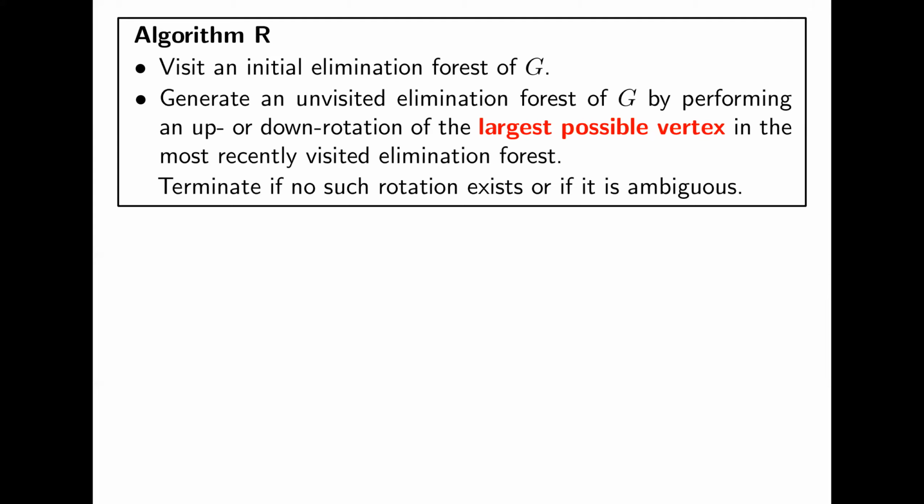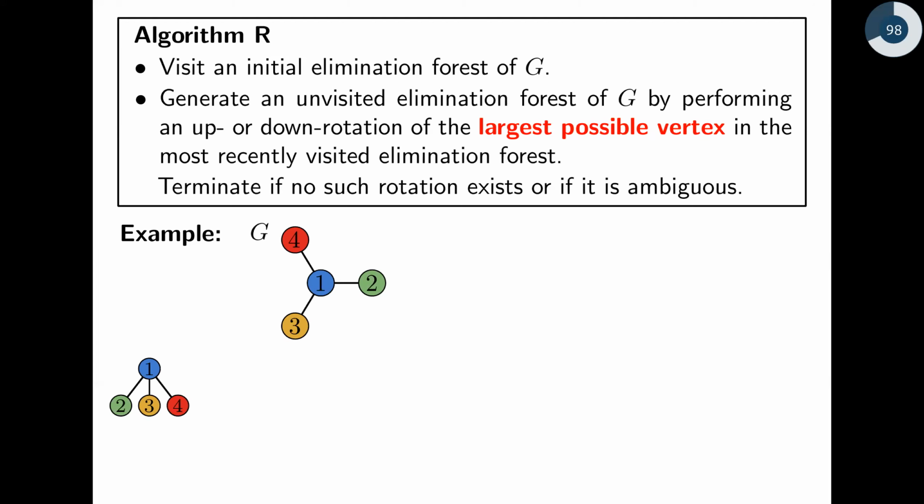In order to understand this greedy behavior, let's go through an example. Let's say we consider this graph G, the star with 4 vertices, and we want to run this algorithm. Let's say we choose our initial elimination tree to be this one on the left, where 1 is the root and 2, 3, 4 are the children. Now, what does it mean to apply this greedy rule? The greedy rule looks at this elimination tree and tries to rotate the largest possible vertex.